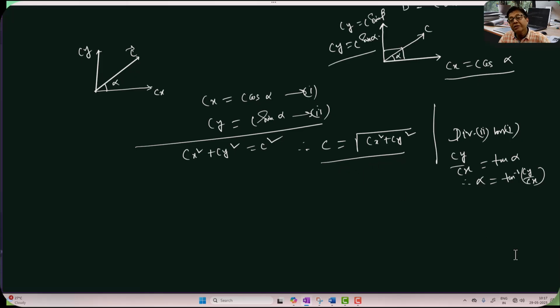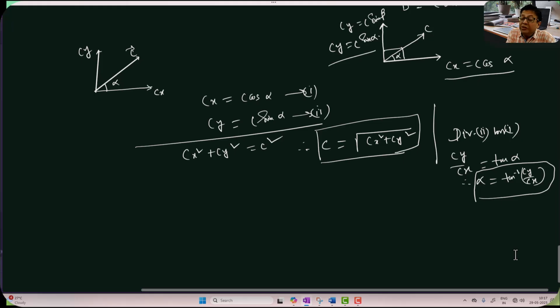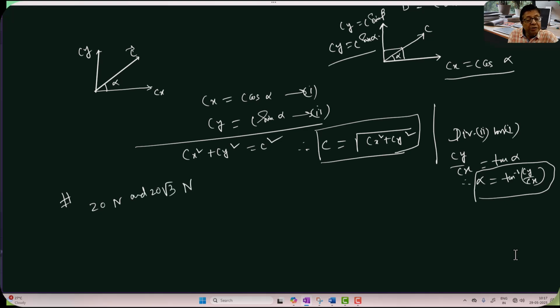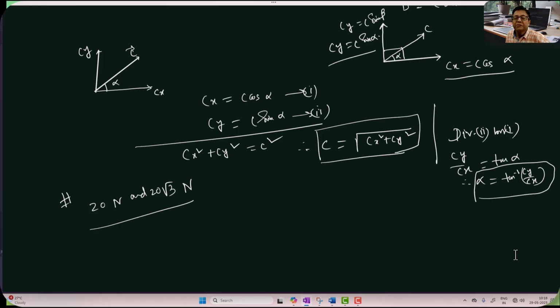So if components Cx and Cy of a vector are known, then we can get the vector and the angle made by the vector with the horizontal. I just take one numerical example. Two forces, 20 Newton and 20 root 3 Newton are there. This is the horizontal component.